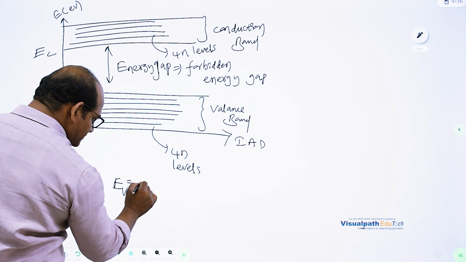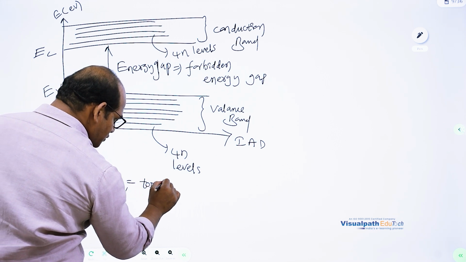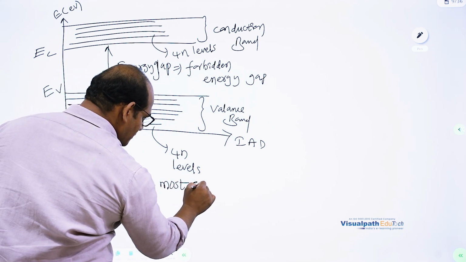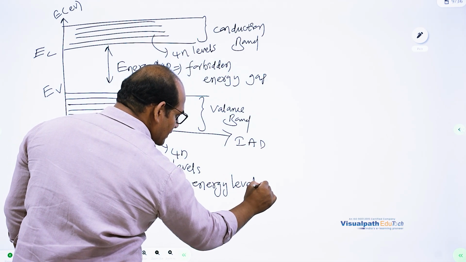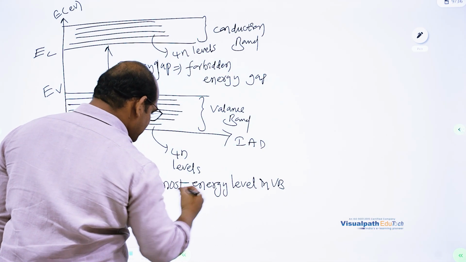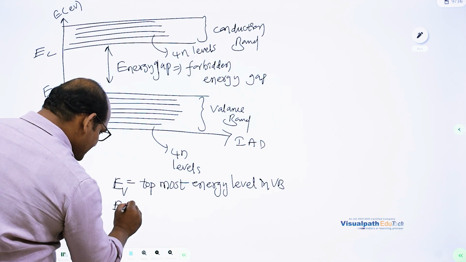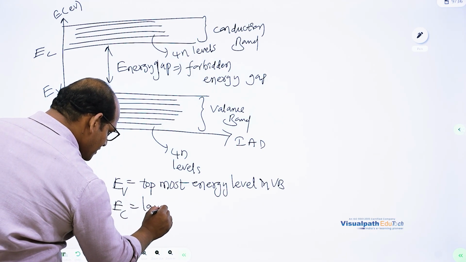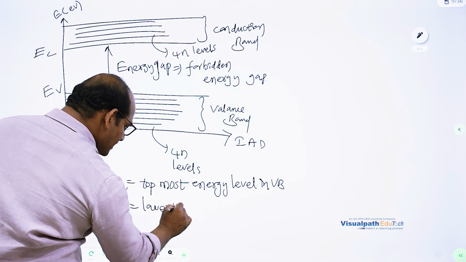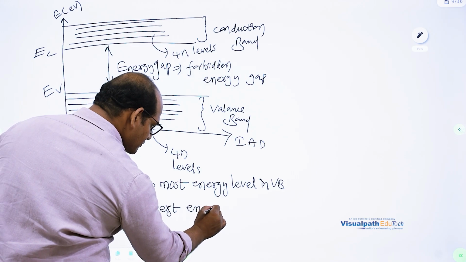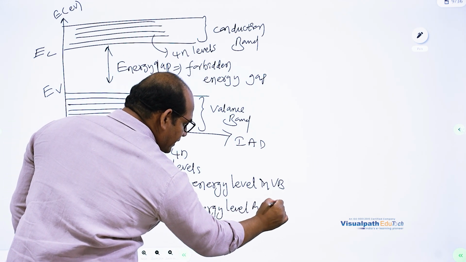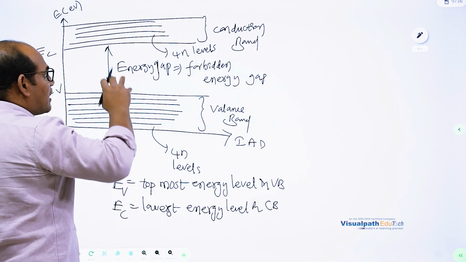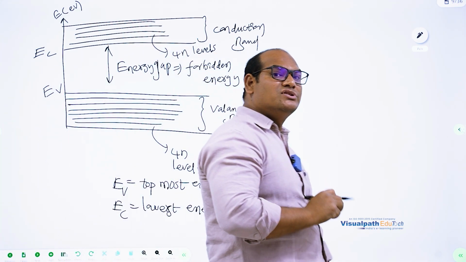EV is the topmost energy level in valency band, and EC is the lowest energy level in conduction band.